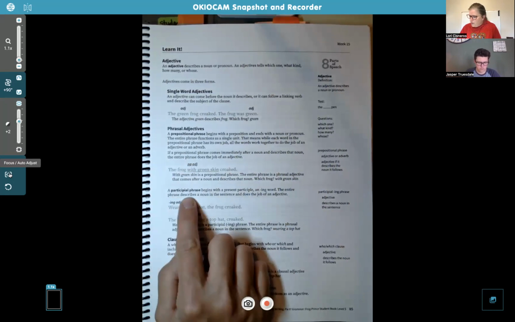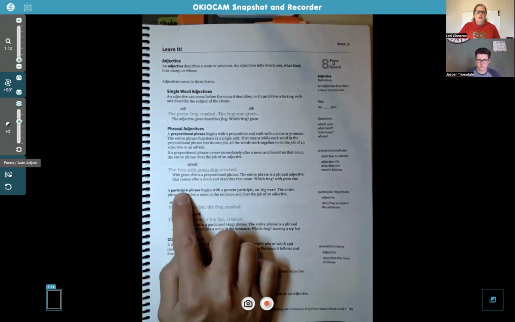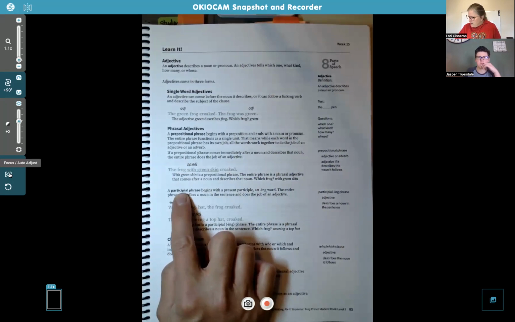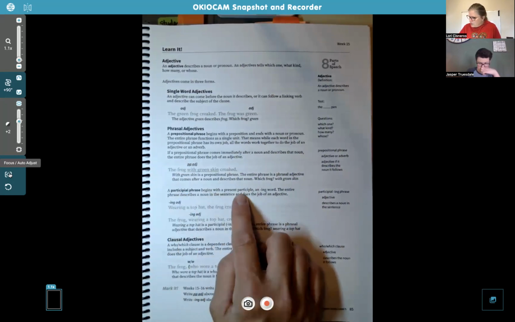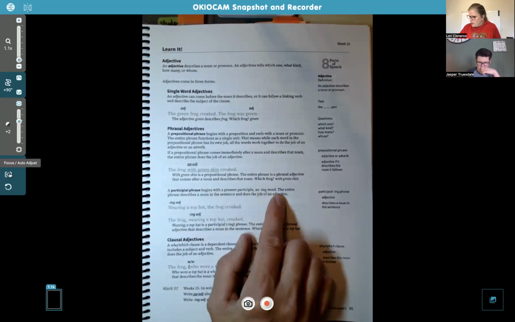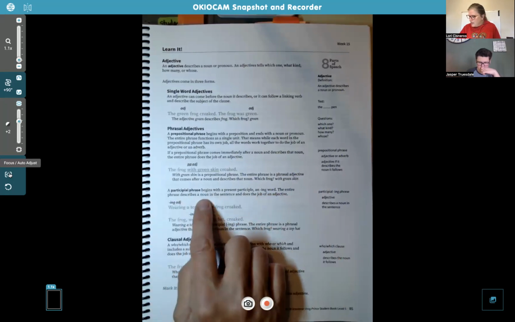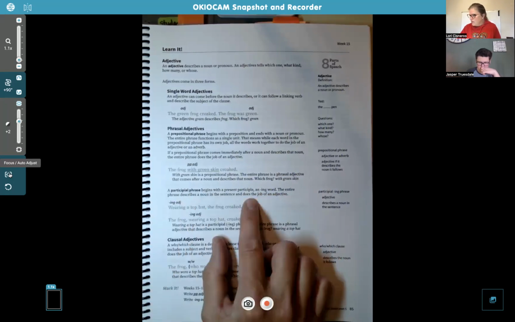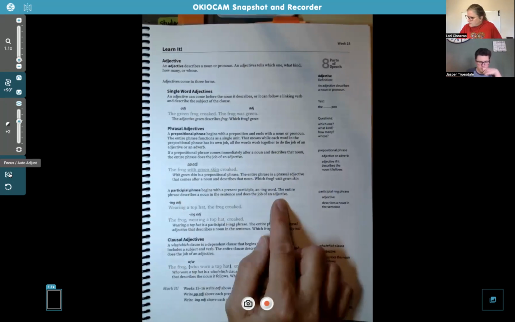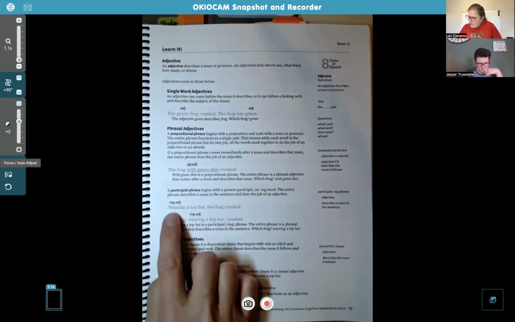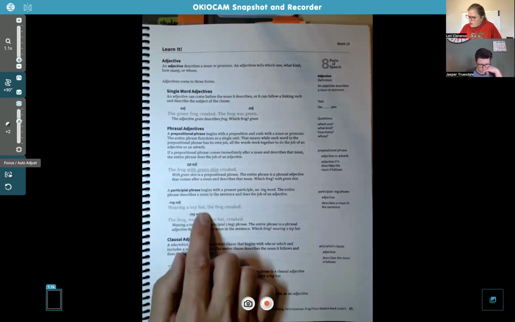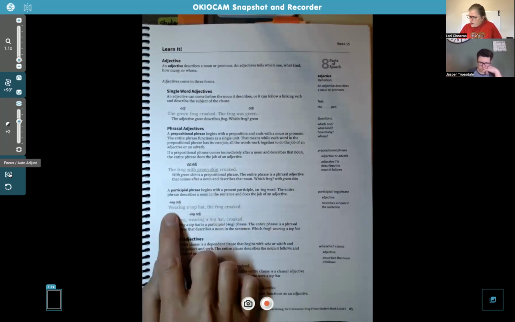A participle phrase. Remember, participles we talked about a few weeks ago that end in ing. They begin with a present participle, an ing word. The entire phrase describes a noun in the sentence and does the job of the adjective. Wearing a top hat, the frog croaked. So this is an ing adjective.